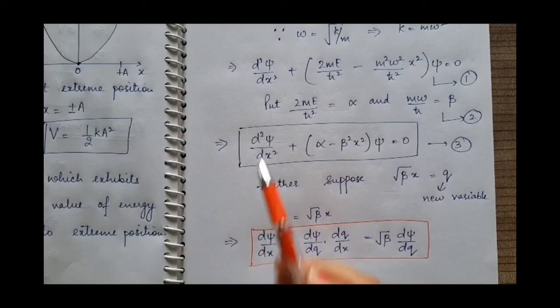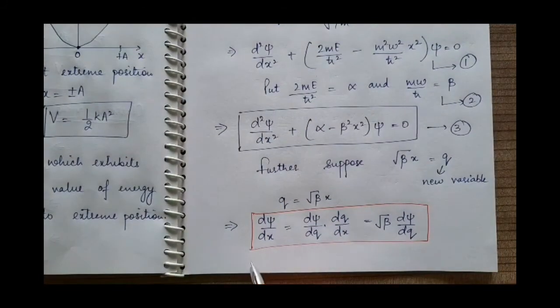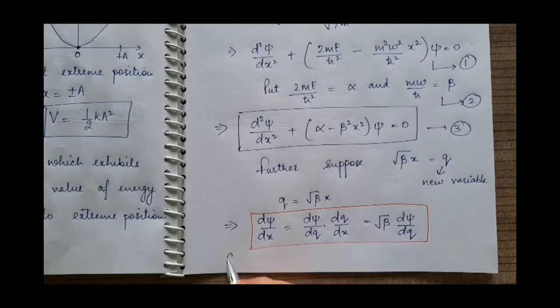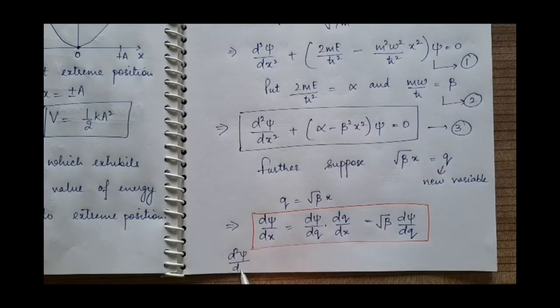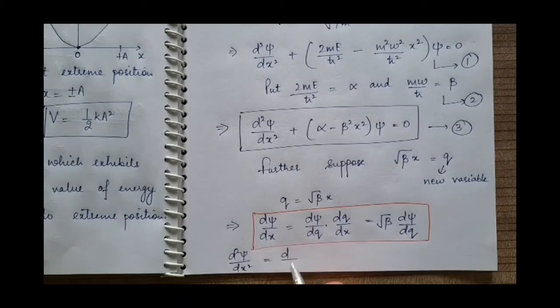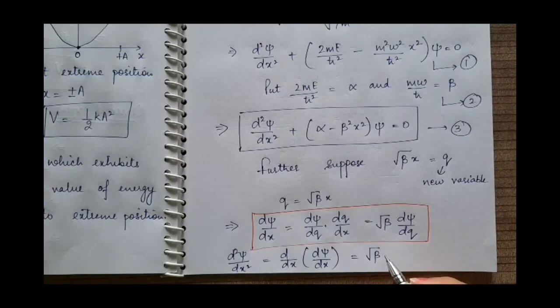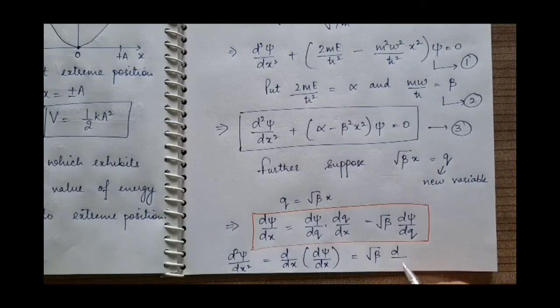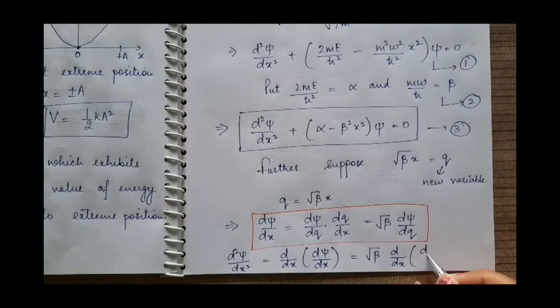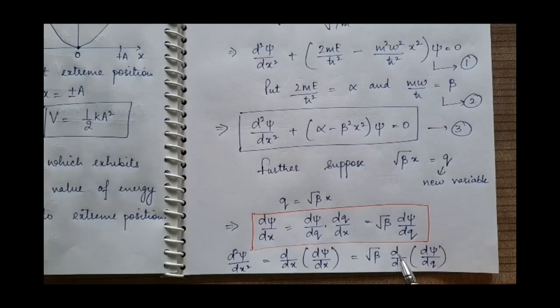Now we need the value of the double derivative of psi with respect to x. So d square psi by dx square will be d by dx of d psi by dx, which is root beta d by dx of d psi by dq. Again write it as d by dq into dq by dx.